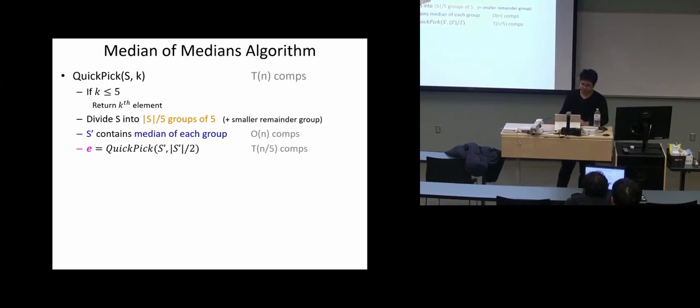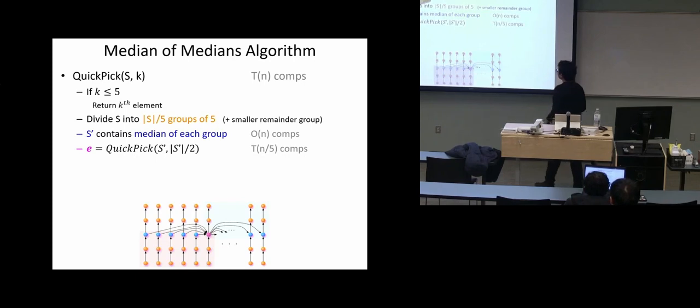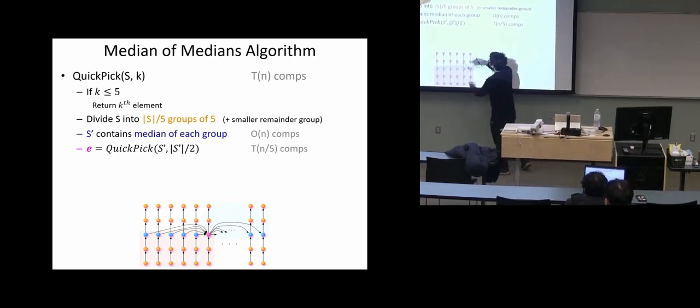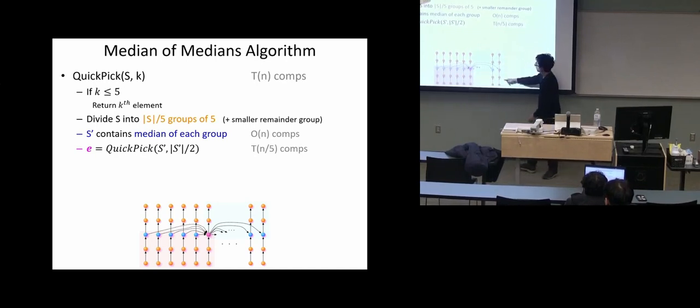And now what we're going to do is this. I'm going to divide the set S into groups of 5. Like this. Each group is of size 5. And for each group, let's say I even sort the group.